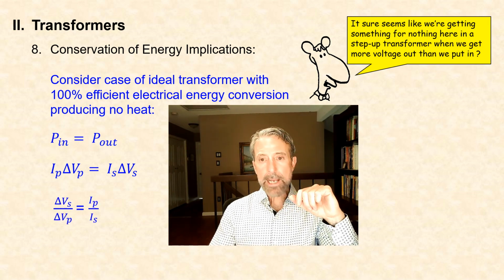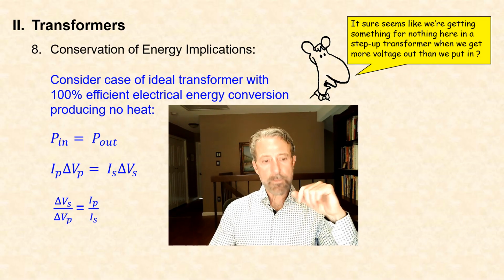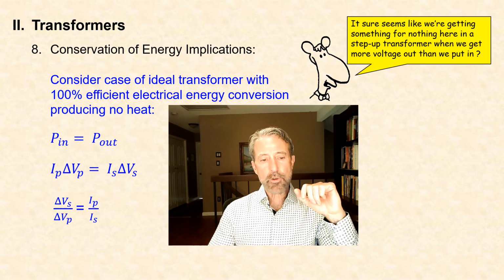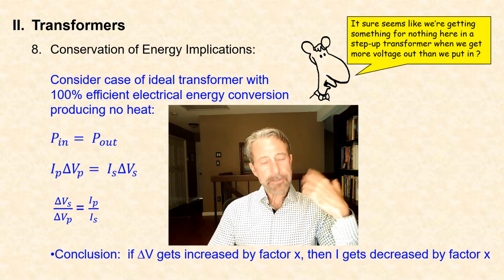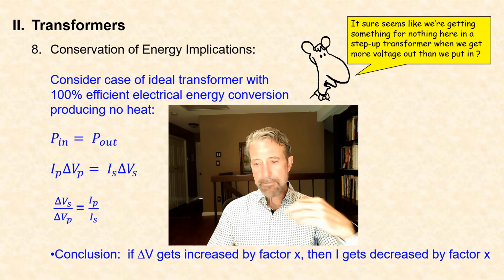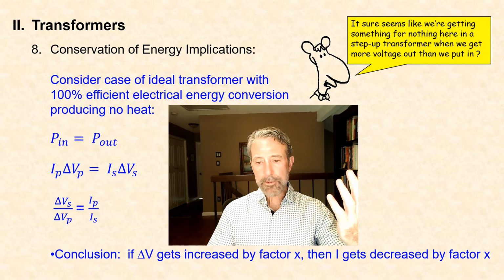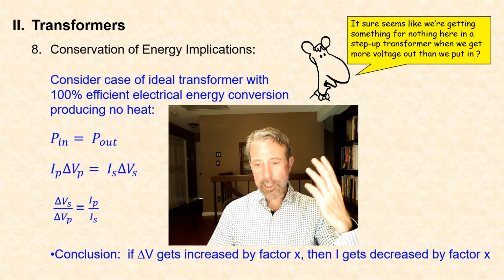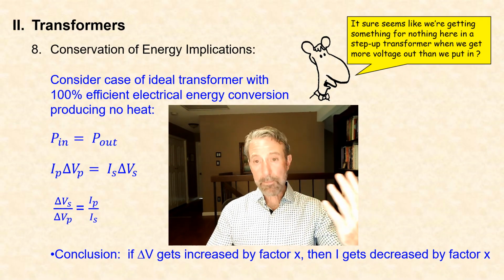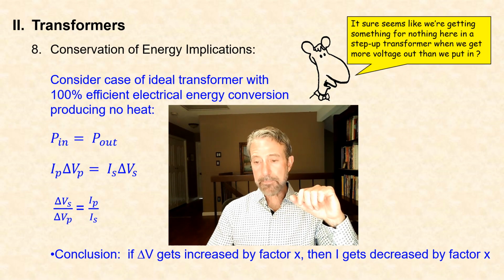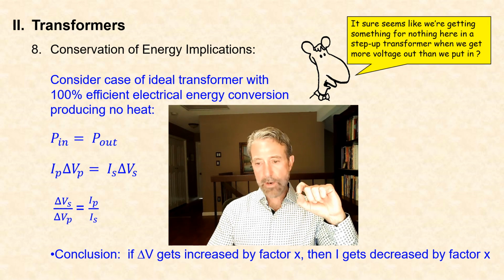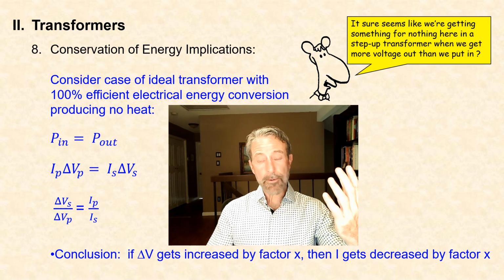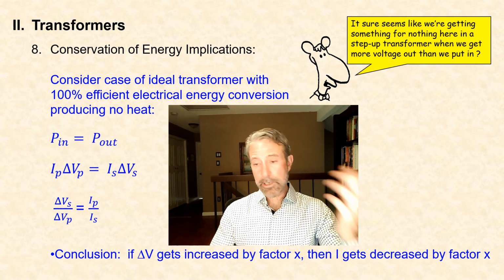And when we rearrange this equation, writing it like this, we see that we have this rather interesting conclusion here. What we can see is that if that voltage gets increased by a factor X, and this is the case of the step-up transformer, then we can say that the current in our output secondary coil must get decreased by the same factor X. So in this case, we're not getting any more power out than we put in.